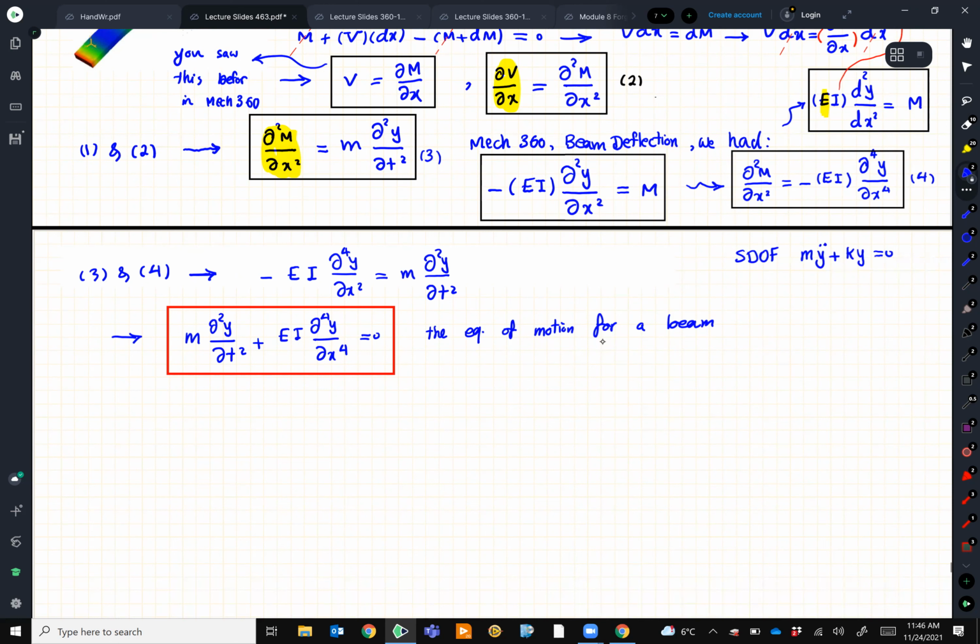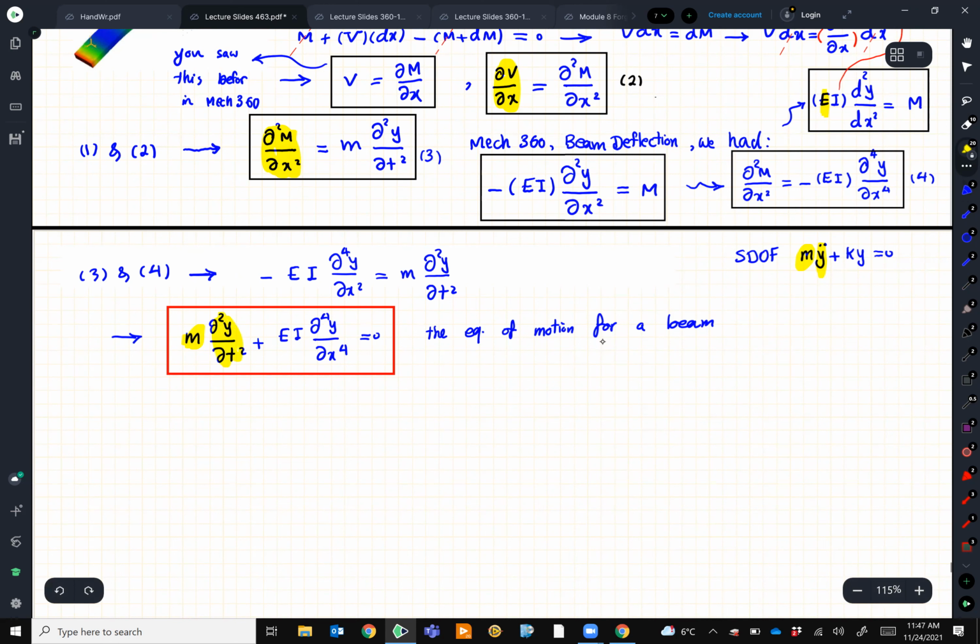Here somehow I have the same thing. This is my mass m multiplied by the acceleration y double dot, but the acceleration now depends on x.